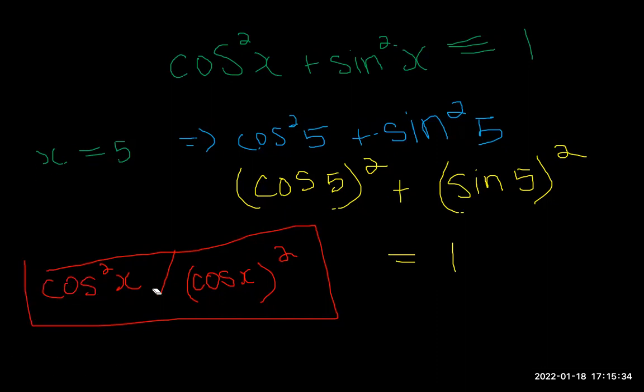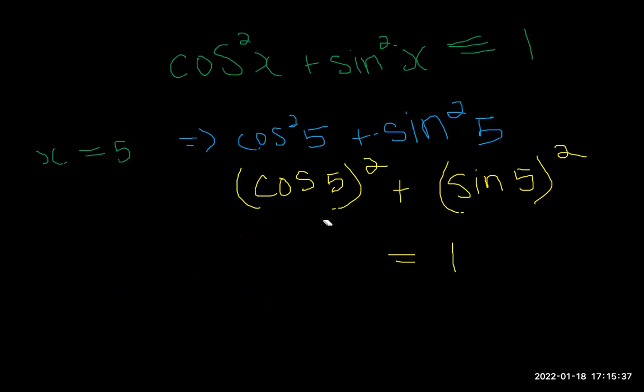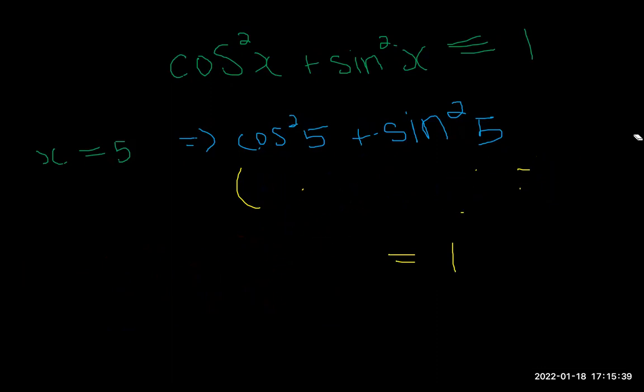What if I use a relatively big number? Let me erase this whole thing. So we just proved when x is equal to 5, yes, this is going to give me 1. But what if I have a big number? Actually, let me use a really big number.